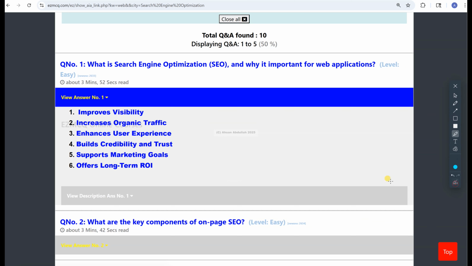Basically, that's the second point also, increases organic traffic. So how is organic traffic increased? There are a number of things, right? For example, targeting the relevant keywords. So the keywords which the users are using, right, to search for what you are offering. Okay.